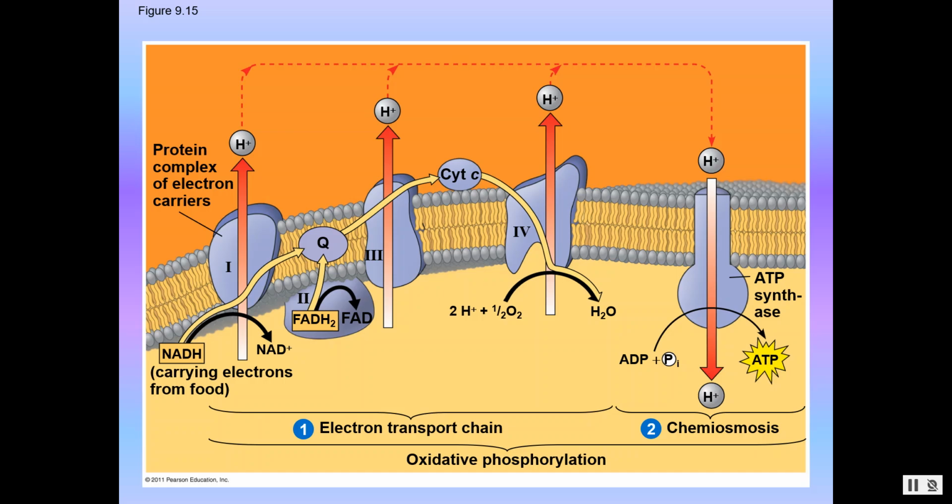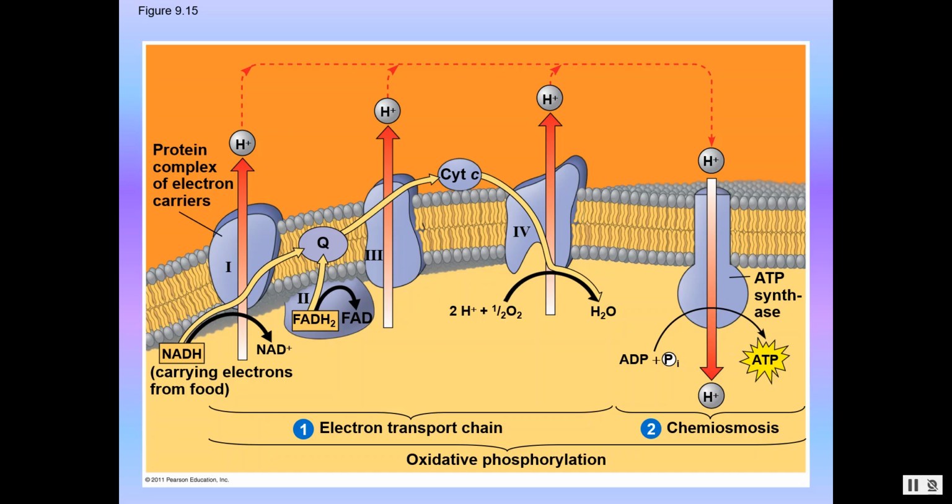So some of the proteins are pumping the hydrogen ions out. There are more hydrogen ions on the outside, and using the potential energy of that movement, ATP synthase creates ATP. So there's going to be a downward flow of hydrogen ions through that ATP synthase molecule, and that's going to create ATP, which you see at the far right on the bottom, that little starburst ATP.